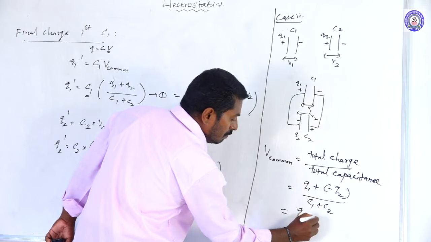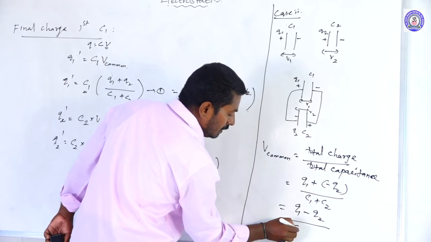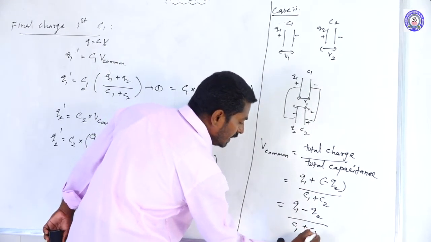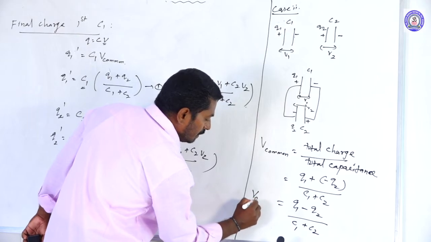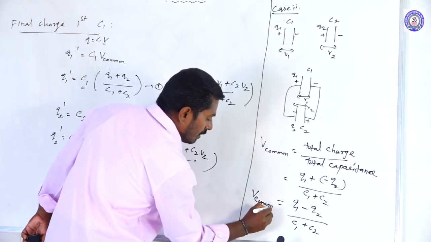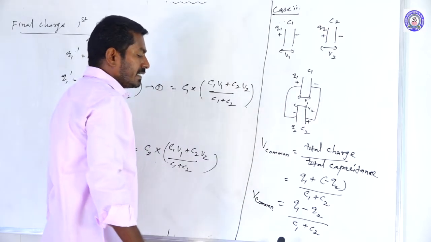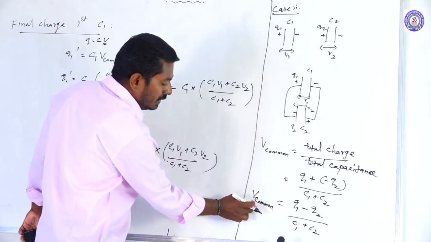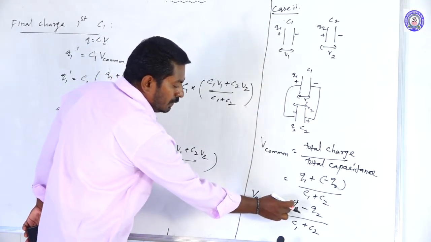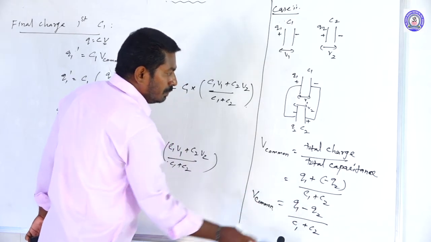V common is equal to Q1 minus Q2 divided by C1 plus C2.